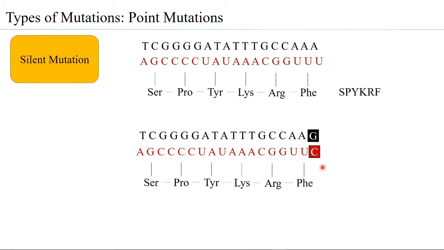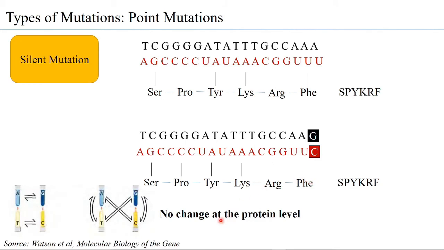And fortunately, in this case, UUU codes for phenylalanine, but UUC also codes for phenylalanine, which means that effectively you do not have any change in the amino acid sequence in the protein, although there is a change at the DNA level. So when you don't see a change at the protein level at all, because of a point mutation in the DNA or in the gene, then such mutations are called silent mutations.